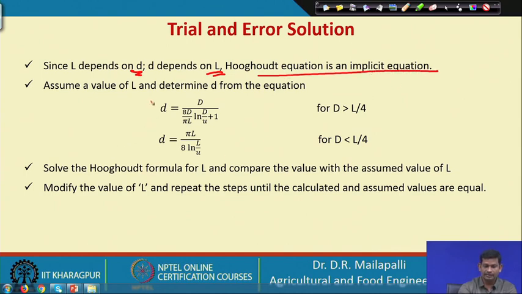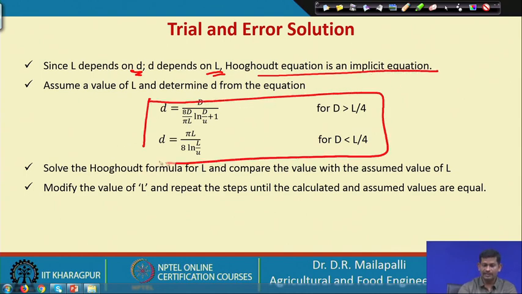First we assume some initial guess of L. Knowing L, find out capital D. And knowing L and the drain depth, you decide which formula needs to be used to find small d.